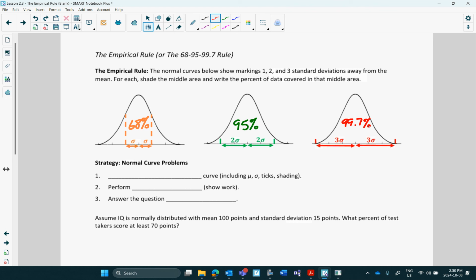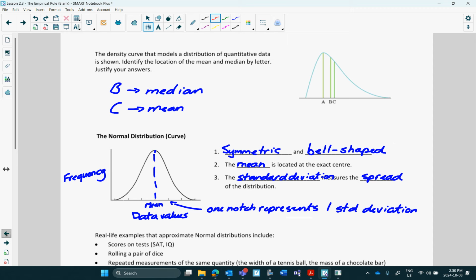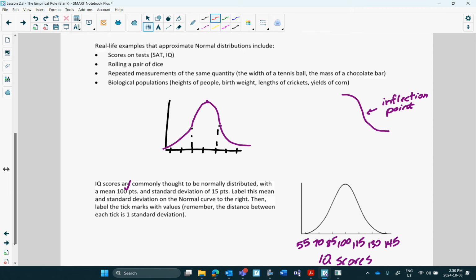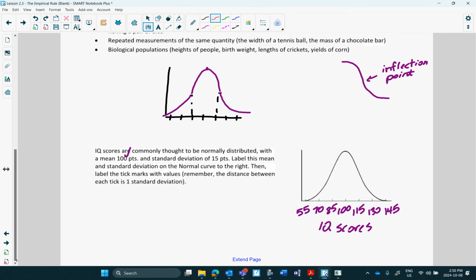Yeah. So if we go back to our IQ scores, in general, we could say, well, 68% of IQ scores are from 85 to 115. So that's what we're generalizing to the population.